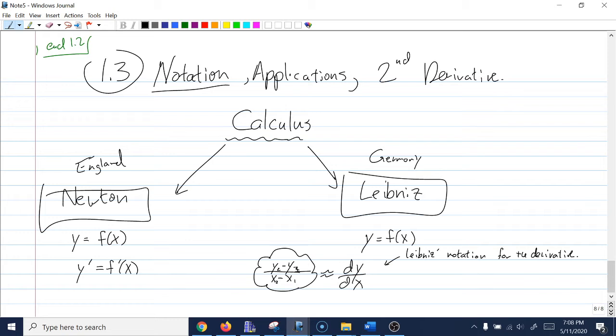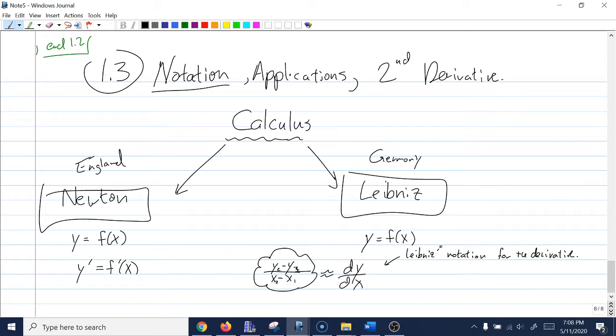So it's kind of giving you some information about the family history of this derivative. But it's not a fraction itself, and in particular, you can't cancel the d's. It sure looks like you should be able to just cancel the d's, but that's not what this is. We write it like a fraction, and sometimes the fact that it looks like a fraction we're going to use as a mnemonic device to remember stuff, but it is not itself a fraction.